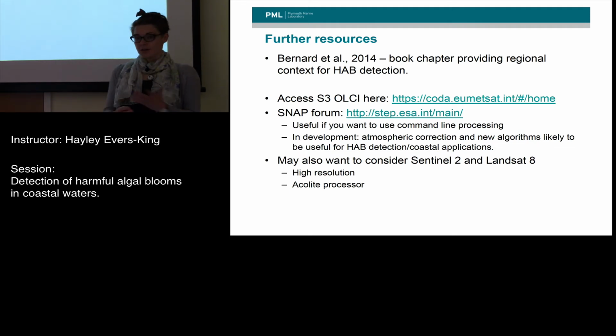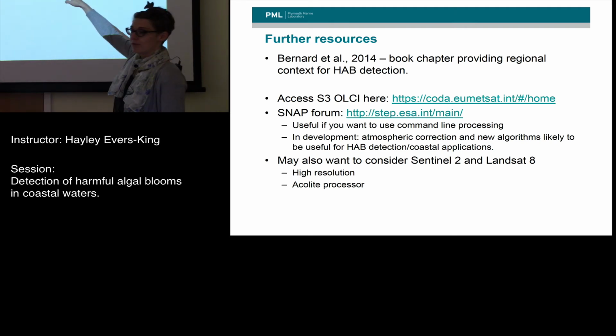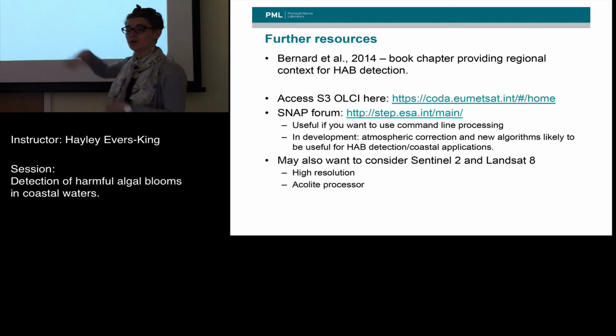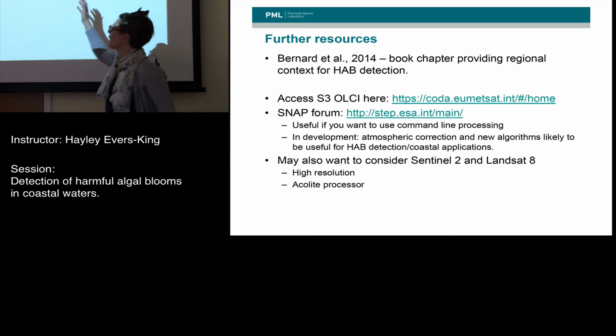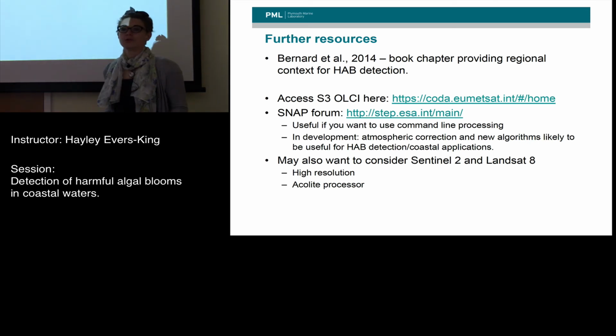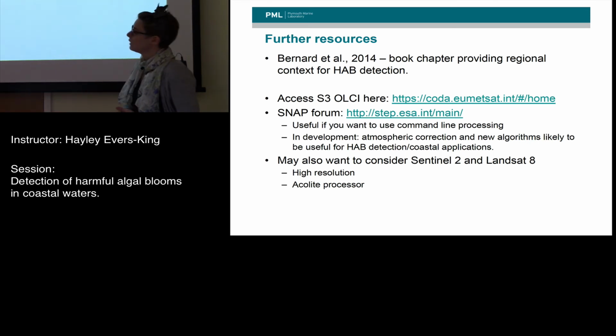And if you want to start thinking about regularly processing this kind of data, I'd recommend getting involved in the SNAP forum and having a look at what their options are for command line processing, and also keeping up to date with the in-development parts of SNAP, which include things like atmospheric correction and new algorithms, and these are very likely to be useful for people who are wanting to do coastal HAB detection, things like that.